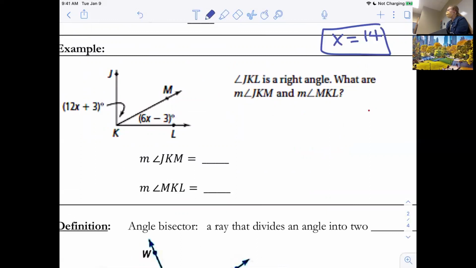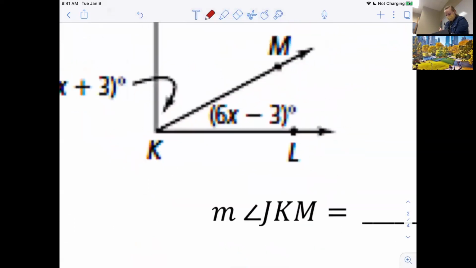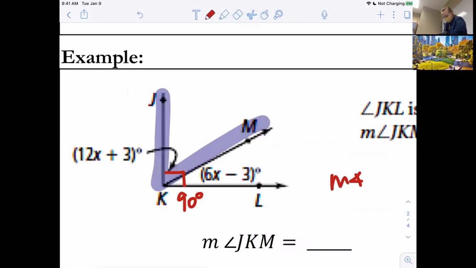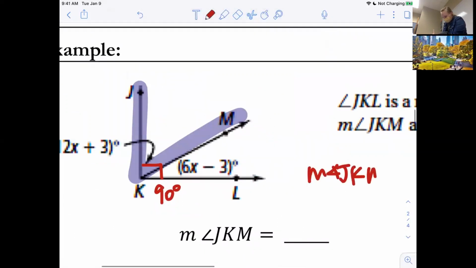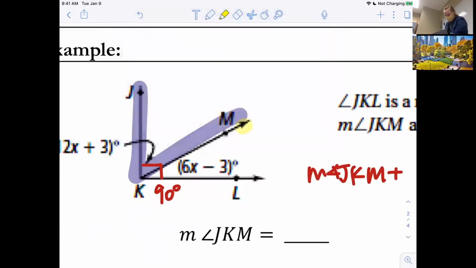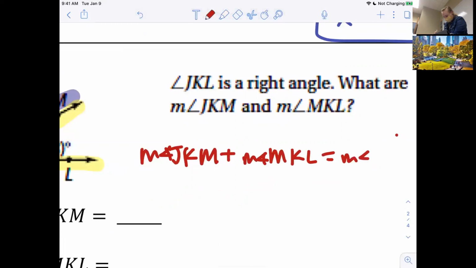This one says JKL is a right angle. Stop. Label our picture. Do you remember that a little box means 90 degrees? Perfect. And then I'm able to add my 3 angles. The measure of JKM plus the measure of MKL equals the measure of JKL.